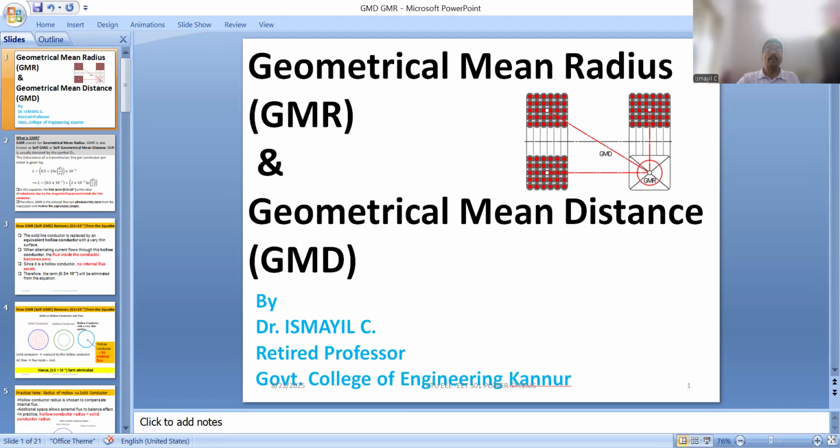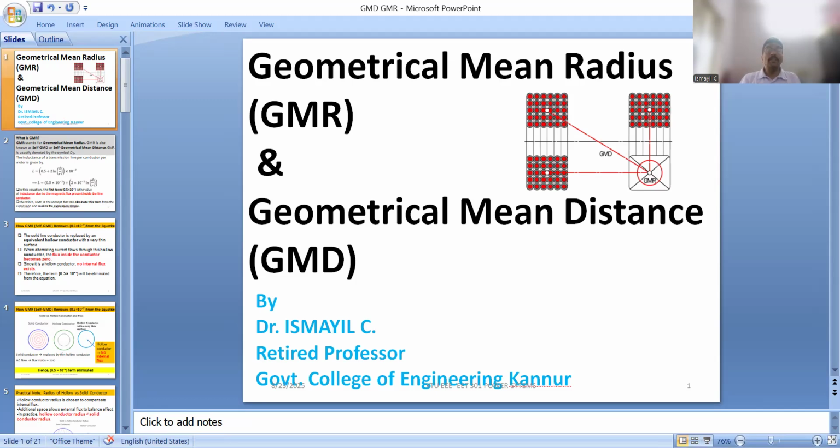That is R to Y, D12, Y to B, D23, and B to R, D31. So the formula for mutual GMD, usually represented as Ds, is the cube root of D12, D23, and D31. And that distance is also known as the equilateral spacing of an unsymmetrically transposed line.